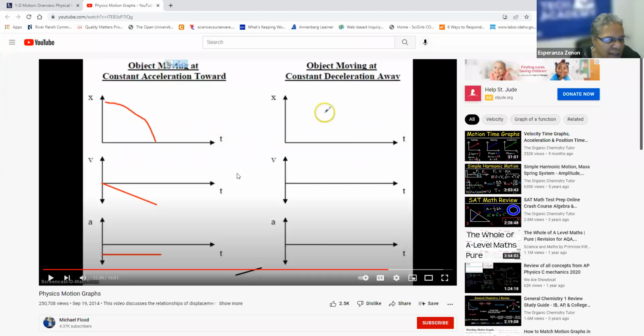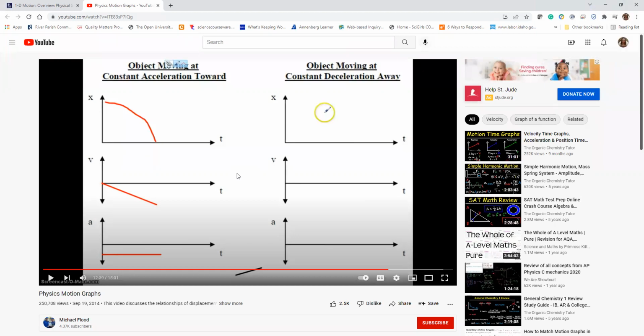Toward is the key. If you want to say moving backwards, I understand that terminology, because you're returning toward your origin. I don't want you to mistake this with the vehicle backing up, because you could just be going back to the point where it started.